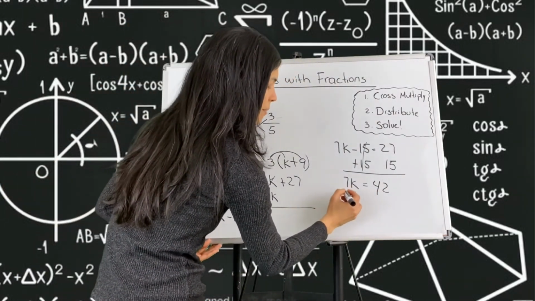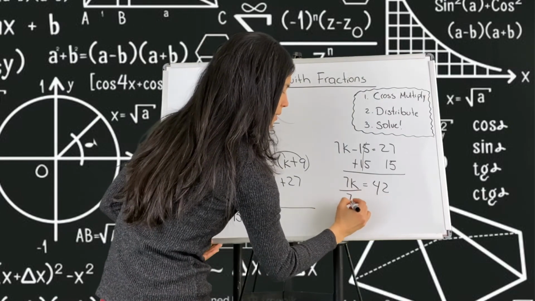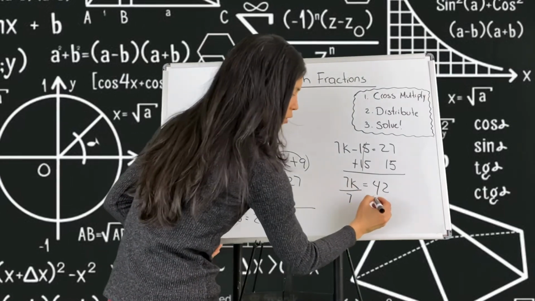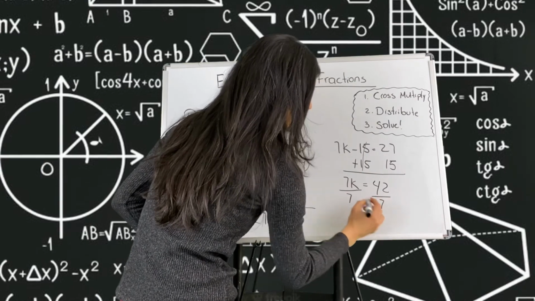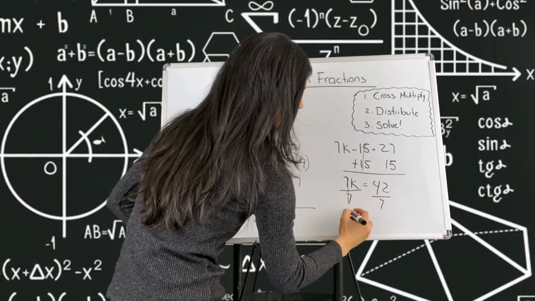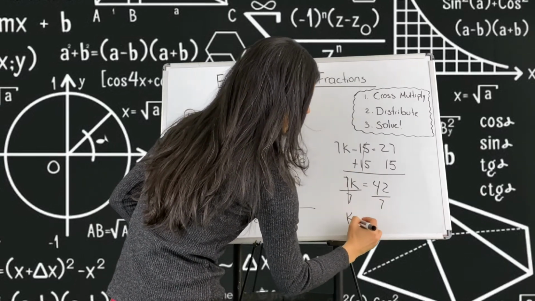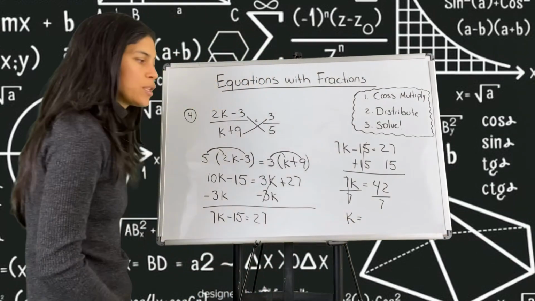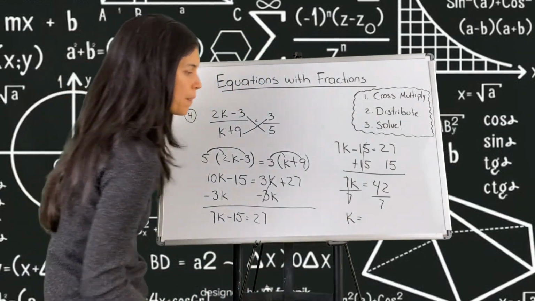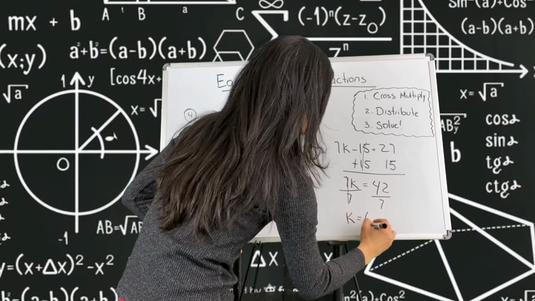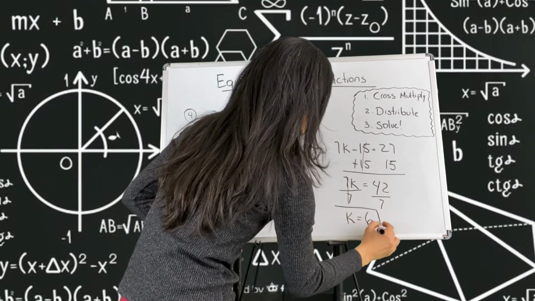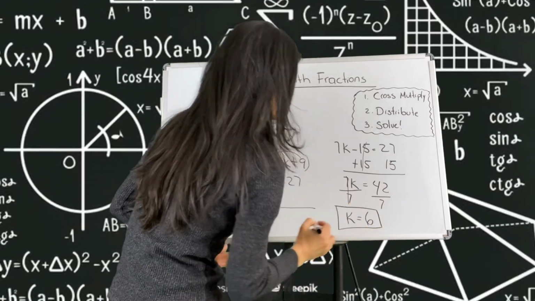To leave the k by itself, I need to undo the 7, which is multiplying. So I'm going to divide by 7 both sides. And the 7s get cancelled, and k is equal to 42 divided by 7, which is 6. Because 6 times 7 is 42.